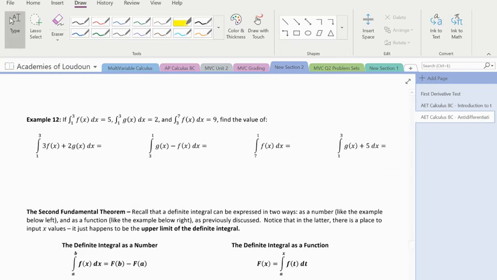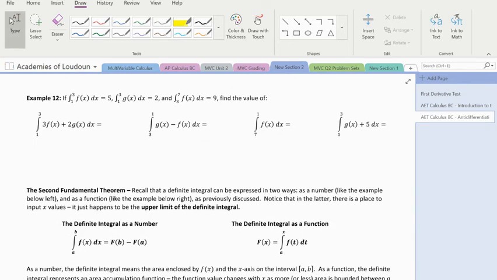Now, looking a little bit further into the properties of the definite integral, suppose the integral from 1 to 3 of f of x dx is equal to 5, the integral from 1 to 3 of g of x dx is equal to 2, and lastly, the integral from 3 to 7 of f of x dx is equal to 9. We want to find the value of each of these.